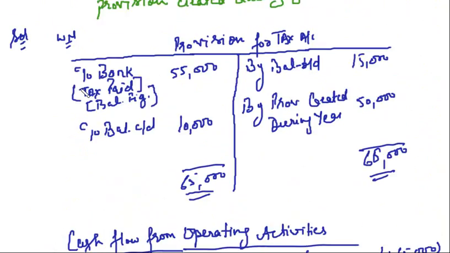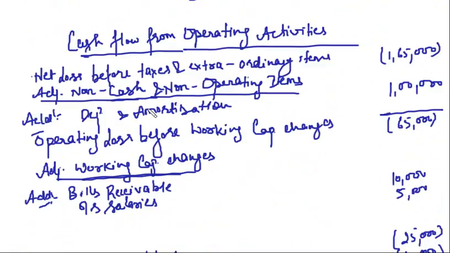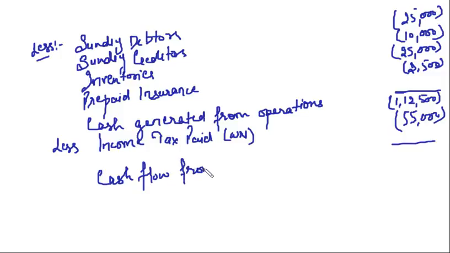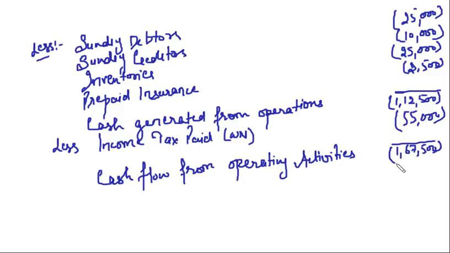We have calculated here the tax paid amount, that is 55,000. Clear? So this is what we get as cash flow, because we don't have any extraordinary items. So this is cash flow from operating activities. Clear? This comes to 1,67,500 negative. Clear?